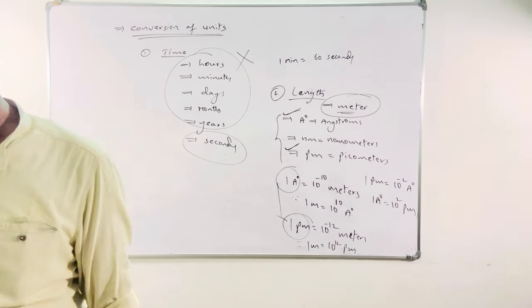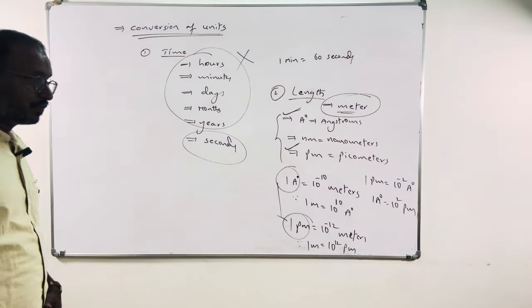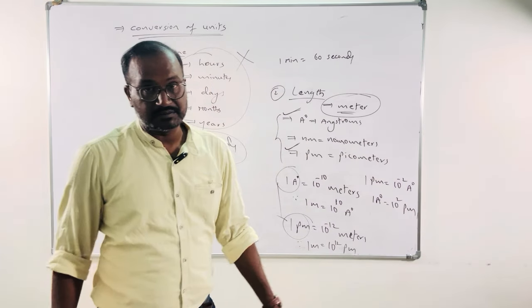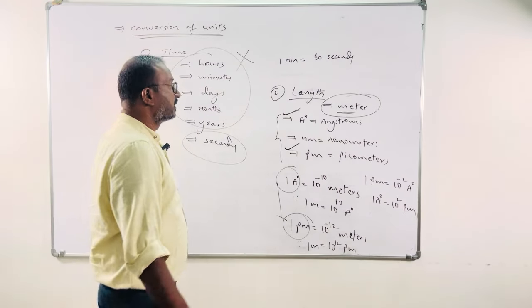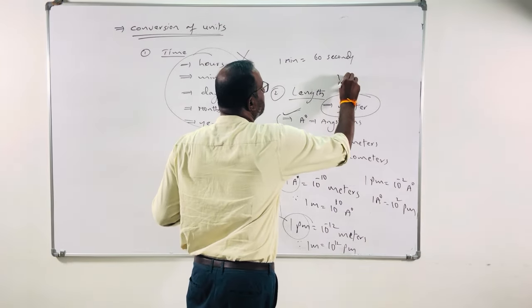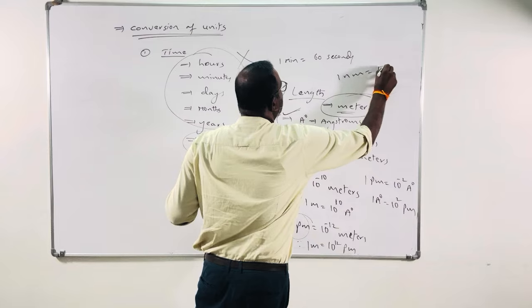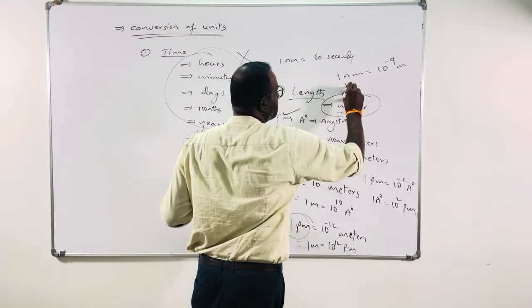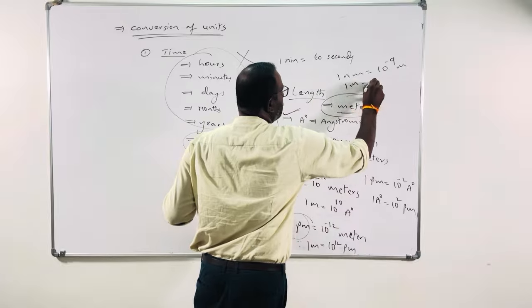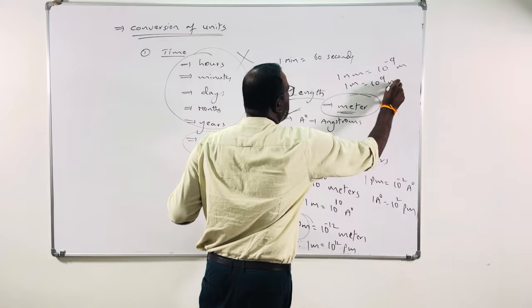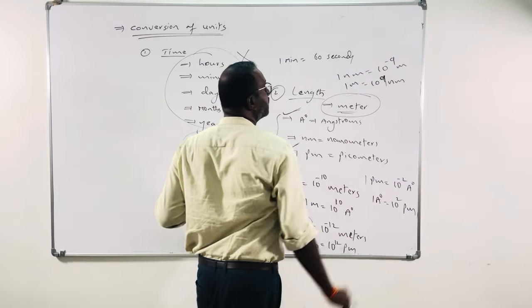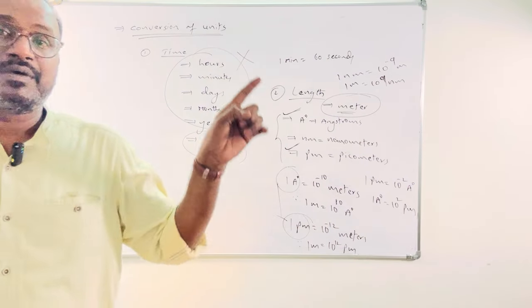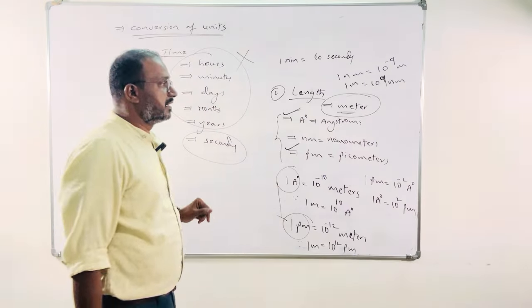Next, nanometer: 1 nanometer equals 10 power of minus 9 meters. Why? Because 1 meter equals 10 power of 9 nanometers. So 1 nanometer equals 10 power of minus 9 meters.